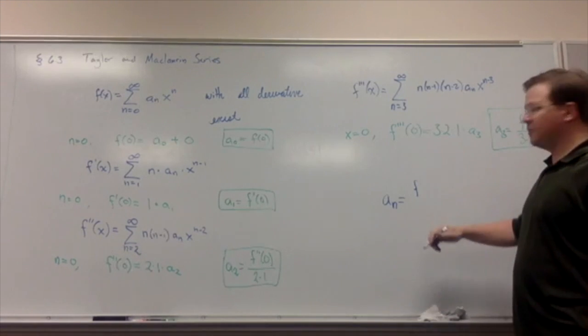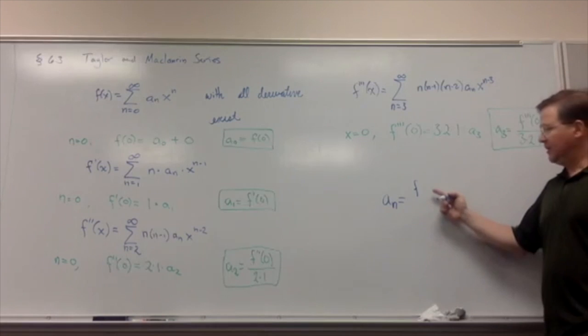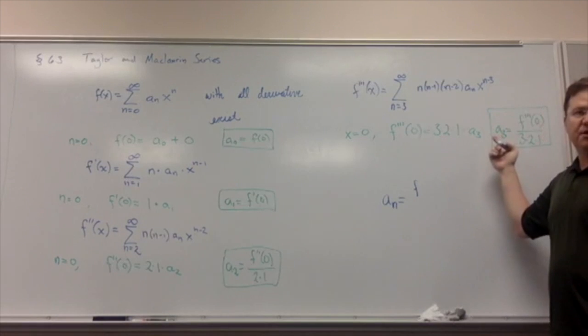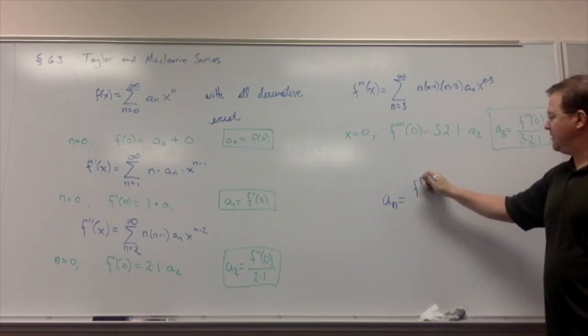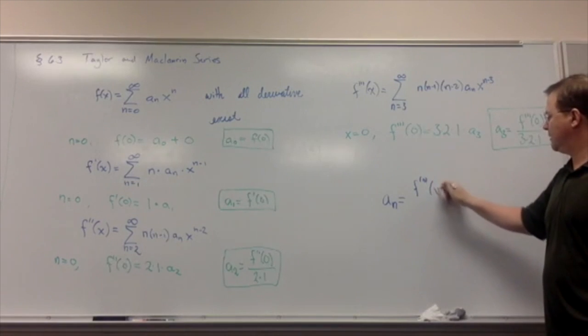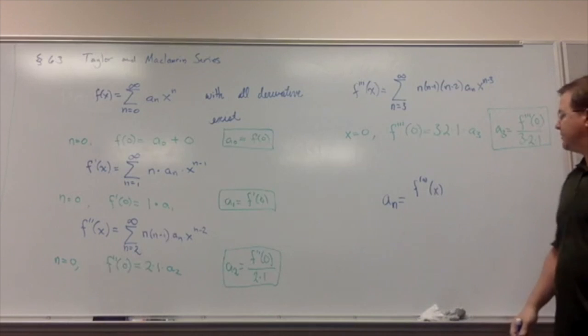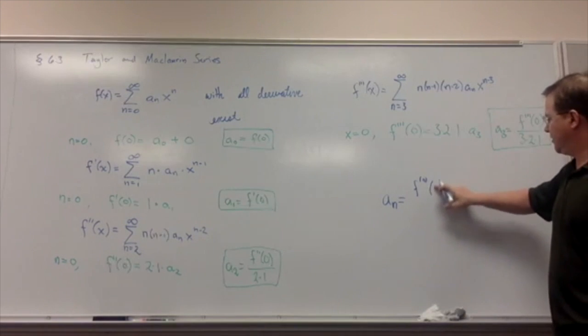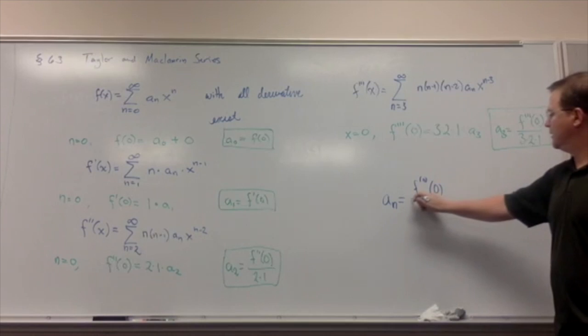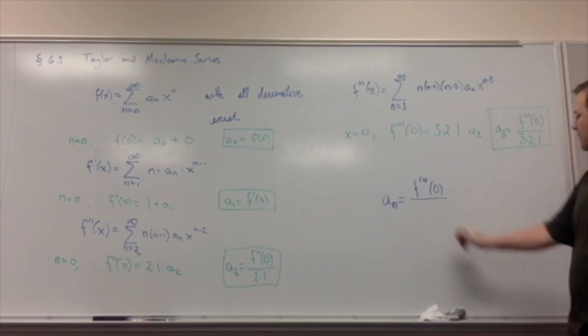Yeah, and I don't know if you've seen this notation before. Usually I use these primes, but if you can't write them all out, you can put it in parentheses like this. That means the nth derivative, evaluated at 0, over n factorial.